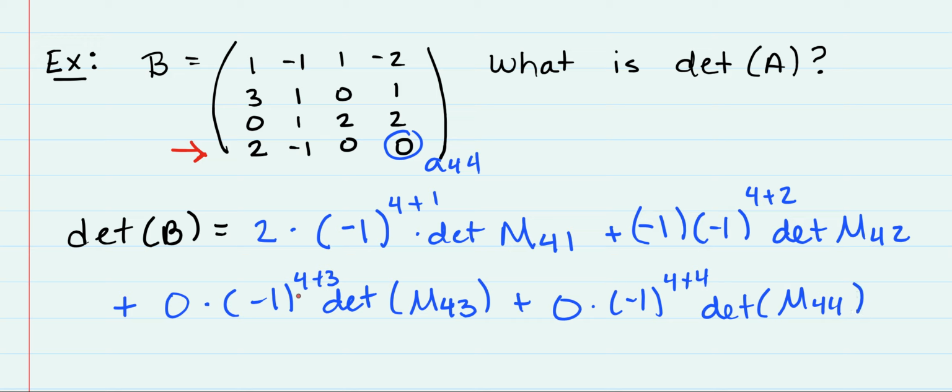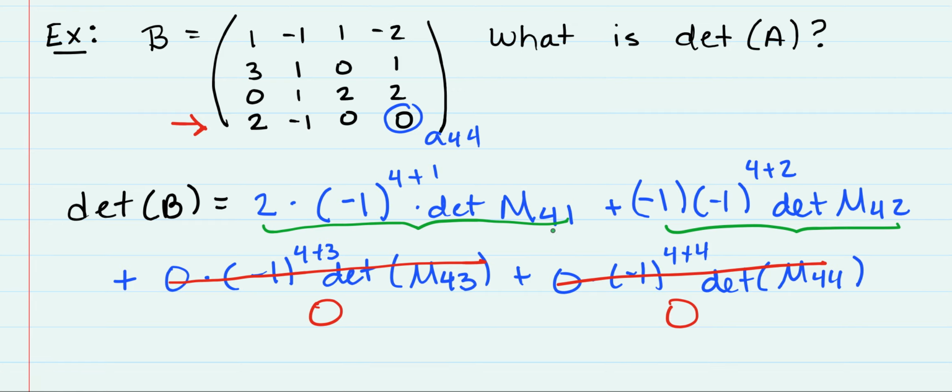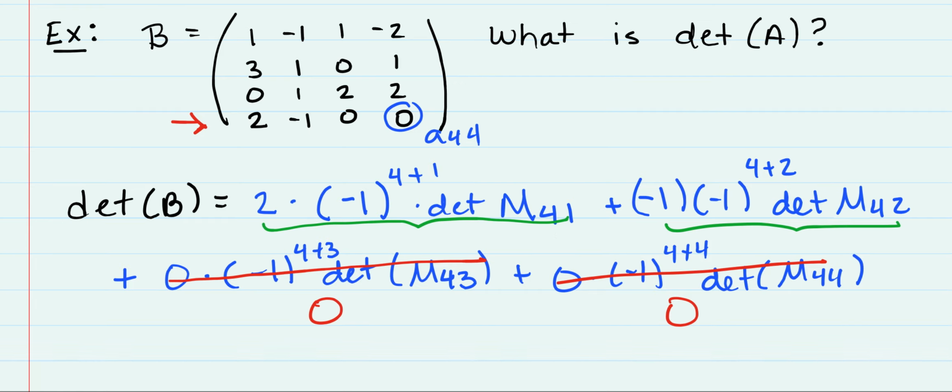Okay, so you can see that I didn't even really have to write all of this stuff out because 0 times anything is going to be 0. So this is just going to be 0, and so is this one. So I really just need to figure out these two pieces. So what is the determinant of M41 and M42?